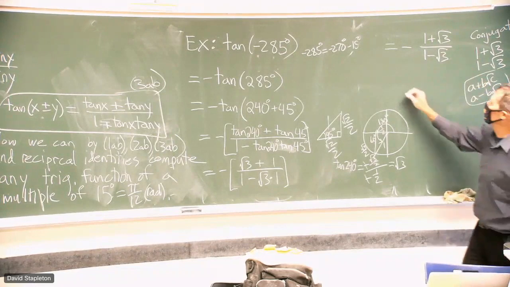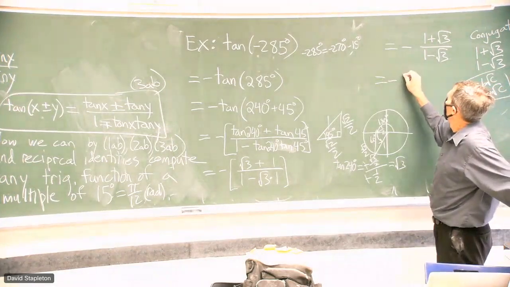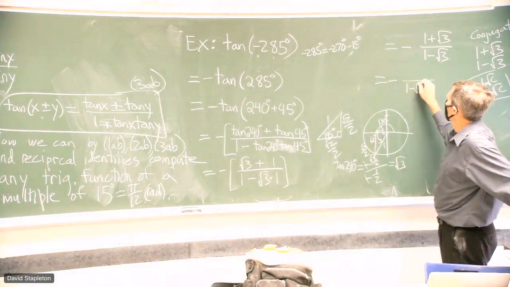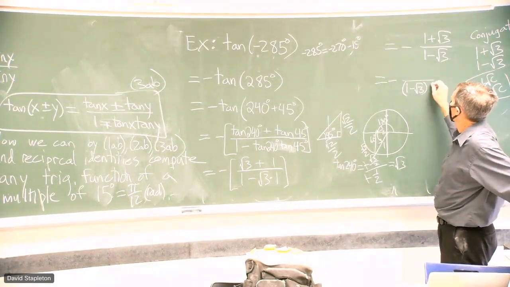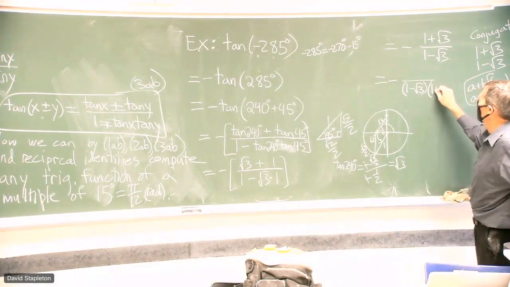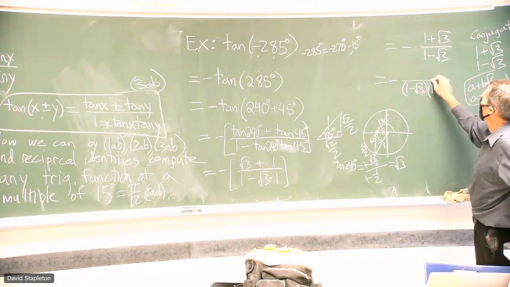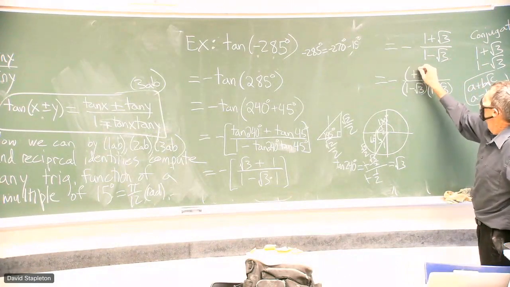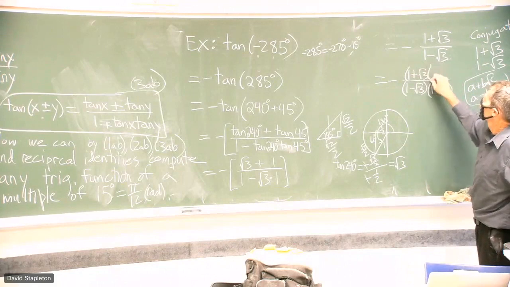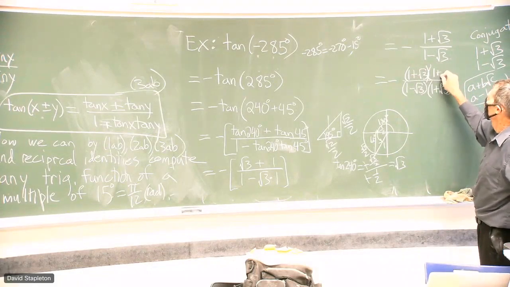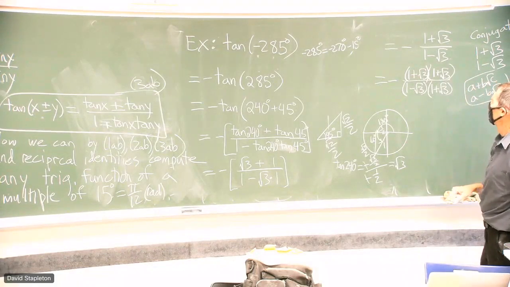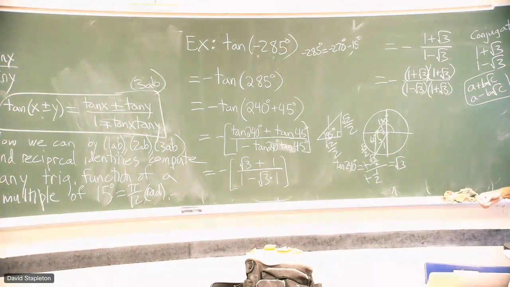So I'm going to rewrite this as minus, and the bottom is 1 minus square root 3. So I'm going to multiply the top and the bottom by 1 plus square root 3. And that'll clear out the radicals in the denominator.